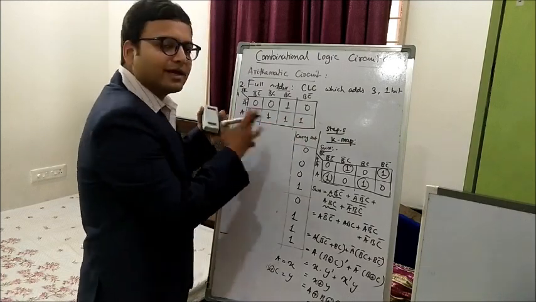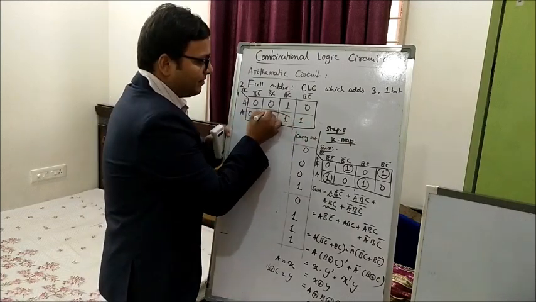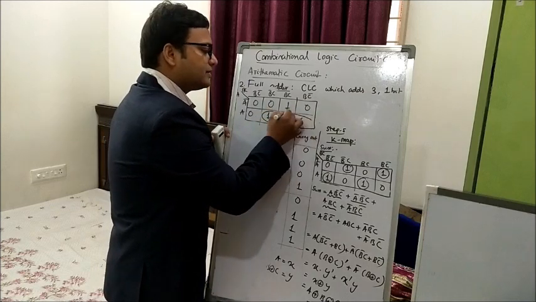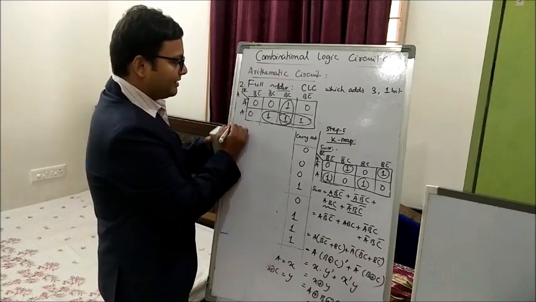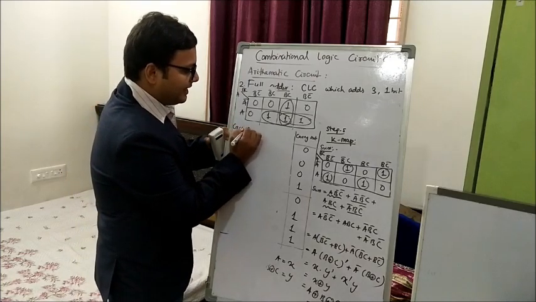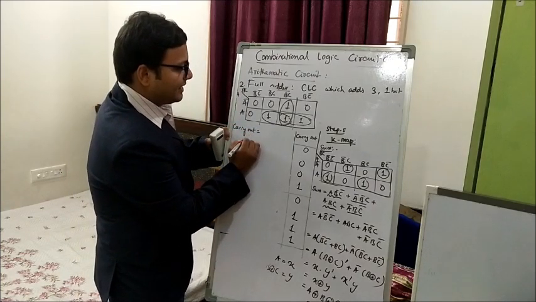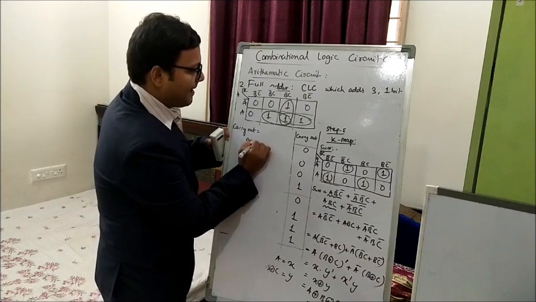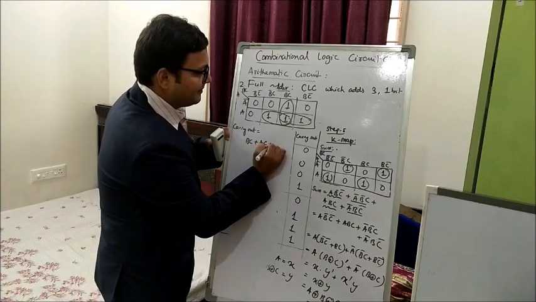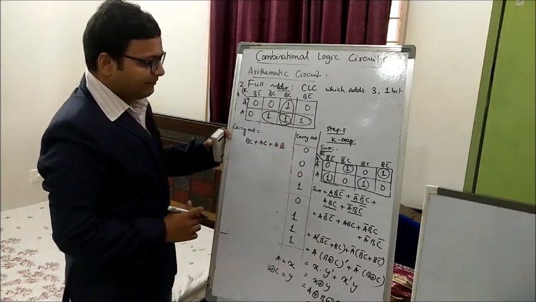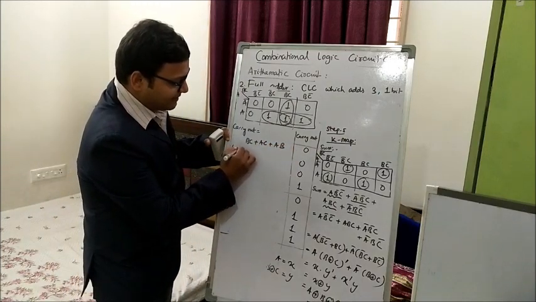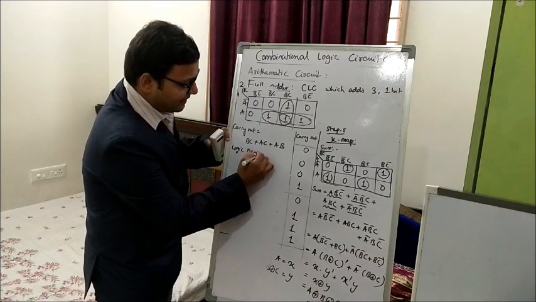As per the Gray code I have done this. Next what I have to do? I have to use simplification of the K-map as per the rules available for the K-map, nothing else. So this is now my carry out, which is nothing else but BC, AC, AB.